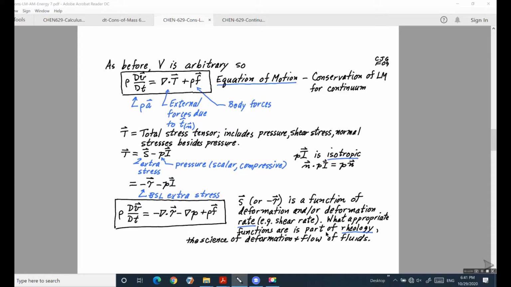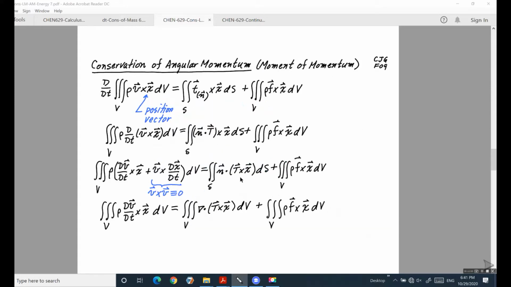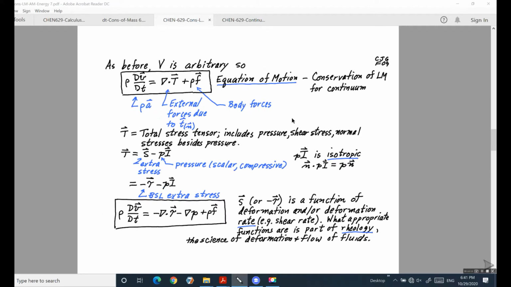So we finally obtain that form. Similarly, we call this the conservation of linear momentum, the equation of motion. The left side is the accumulation of total momentum, this comes from the stress tensor, and we can write it in this form, and this is the body forces.